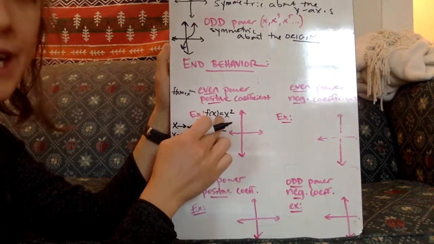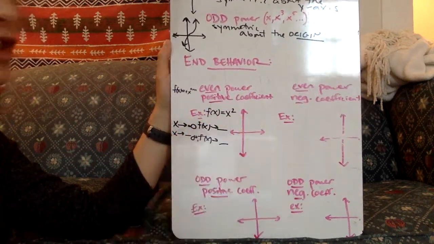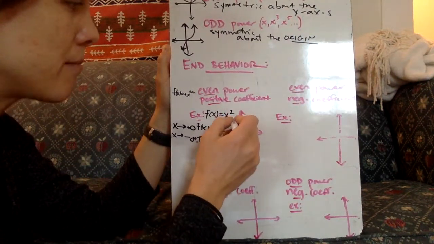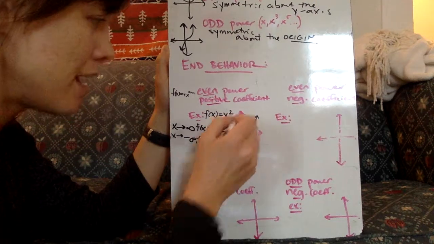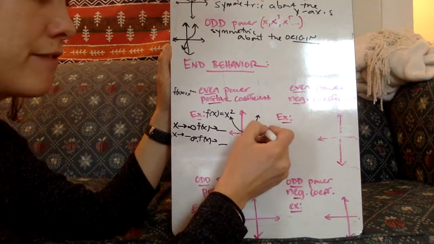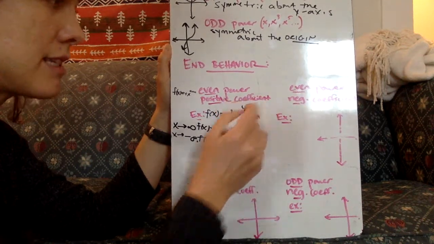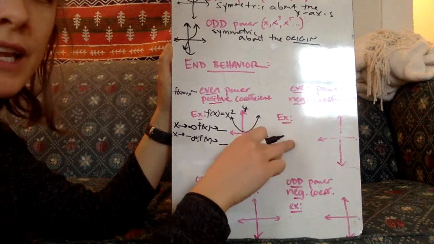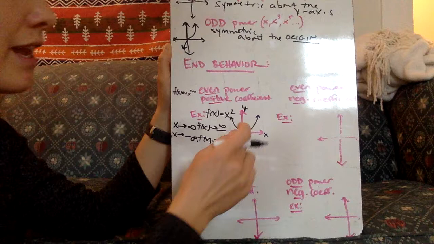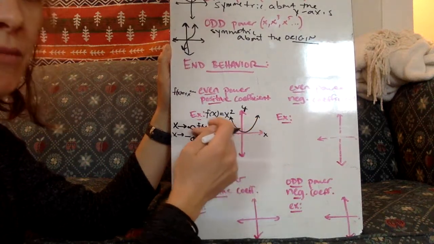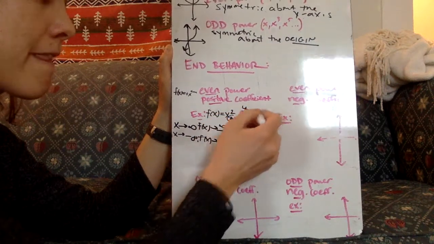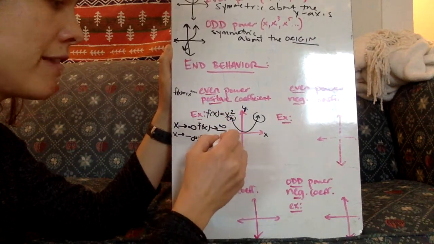So I have a positive 1 as my coefficient, and my power is 2. I can graph this to help me find my end behavior. So I'll graph it, my parabola. As x approaches infinity, remember this is my x-axis, this is my y, as x is approaching infinity, my y is also approaching infinity. And as x is approaching negative infinity, or if I'm moving toward infinity in the negative direction, notice that f of x is also approaching infinity here.